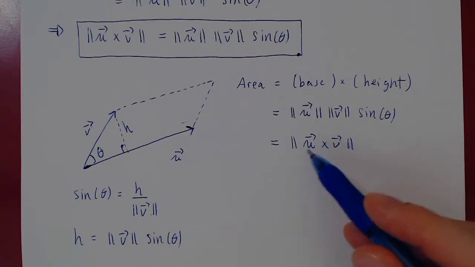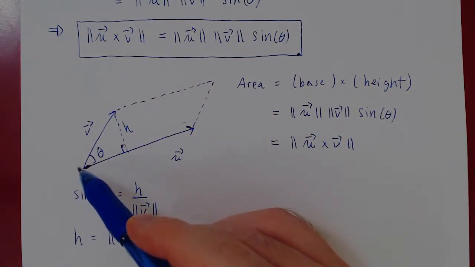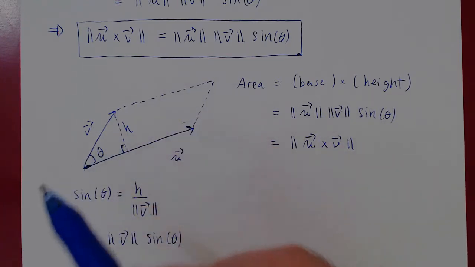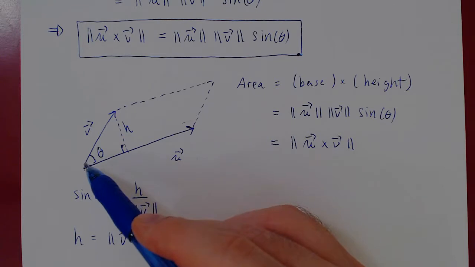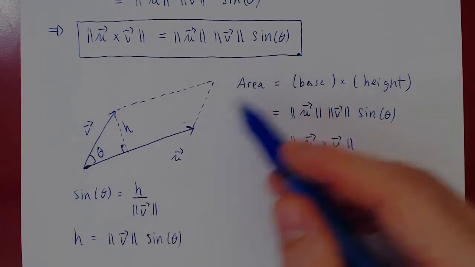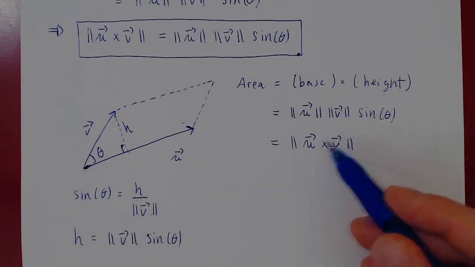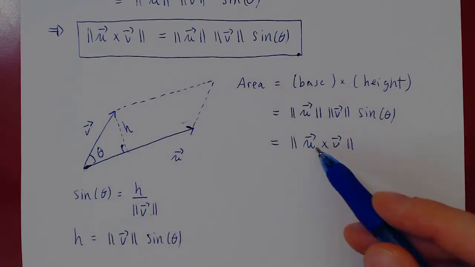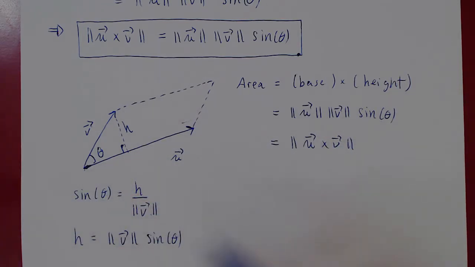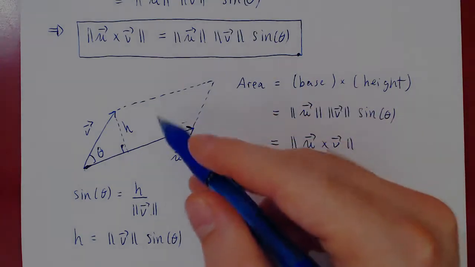So by computing u cross v, you have a vector that sticks out of the parallelogram in a 90-degree angle, and the length of this vector happens to be the area of the parallelogram. So that's kind of odd. To find the area of a parallelogram, we construct a vector perpendicular to the parallelogram in u cross v, and the length of this vector happens to be the area of the geometric figure.